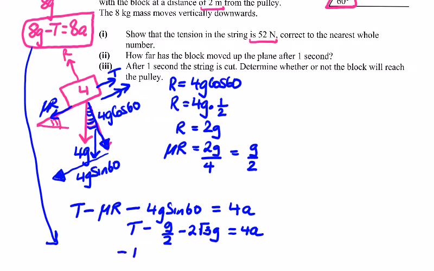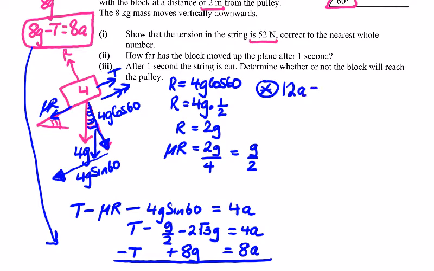So we've got minus T plus 8g is equal to 8a. And combining these two equations, bringing them up here, I'm going to get 12a. I'll just write that one first. 12a from these two is equal to, the T's cancel, and I'm going to have 8g minus g over 2 minus 2 root 3 g.